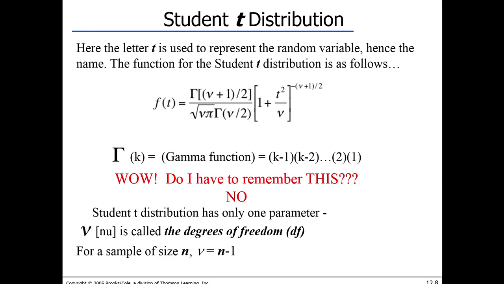Okay, so let me give you a little bit of a funny story why this distribution is called Student's. The first one who proposed the t distribution was a statistician who worked for Guinness, the beer company, and he was just interested in statistics. So he was doing some calculations about the quality of the beer that they were making.